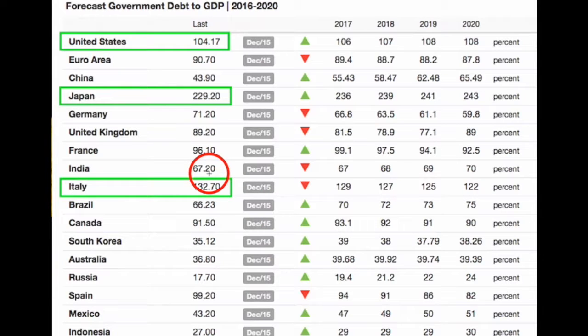So, as you can see, the United States, Japan, and Italy are way high on their debt to GDP. Please notice that in Russia, the debt to GDP is only 17.70%, and you will see what the bond yields of these countries are doing, like Russia and South Africa, where the debt to GDP is way lower.